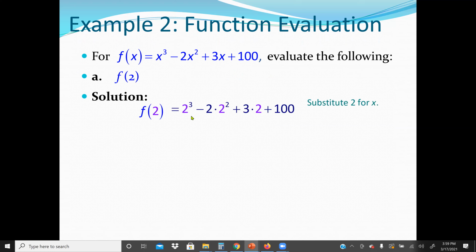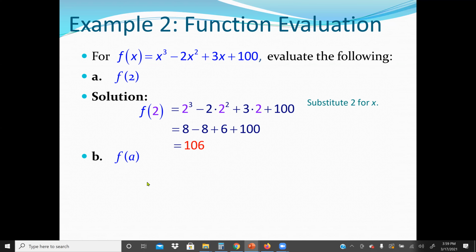So we get 2 cubed minus 2 times 2 squared plus 3 times 2 plus 100. That gives us 8 minus 8 plus 6 plus 100. So our answer will be 106.